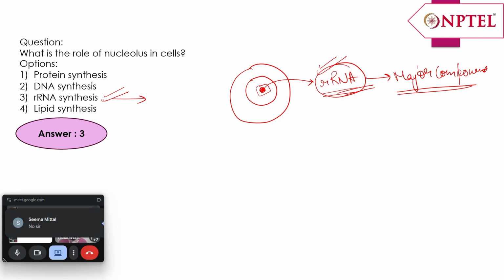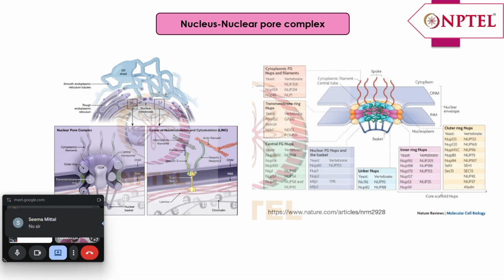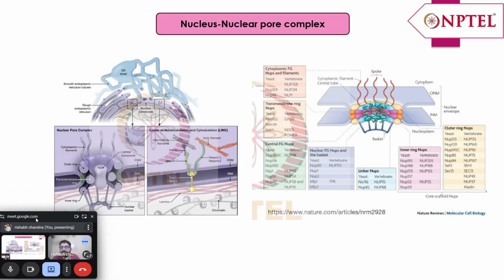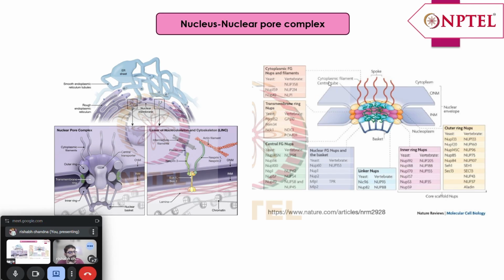Okay, so let's move on to the next concept, that is the nuclear pore complex. In the case of the nucleus, there would be some mechanism by which the proteins come to the nucleus during development or any process.